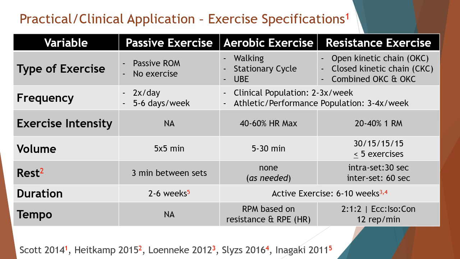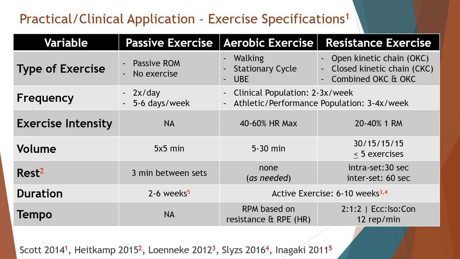We spoke about the exercise specifications for the different variables: the type of exercise, the frequency, intensity, volume, rest, and duration, regarding whether you're going to be doing passive exercise, aerobic, or resistance exercise. Each of these variables may be manipulated accordingly to be optimal for inducing the appropriate adaptations that are always desirable for your blood flow restriction training.